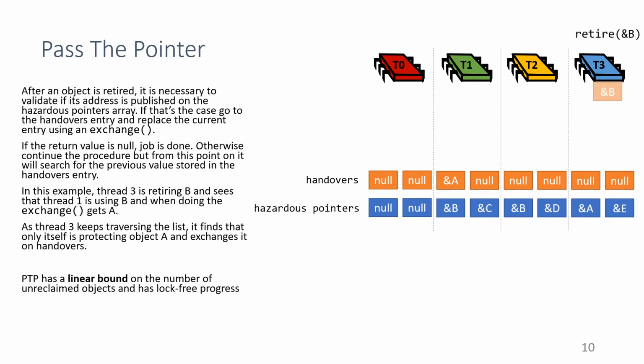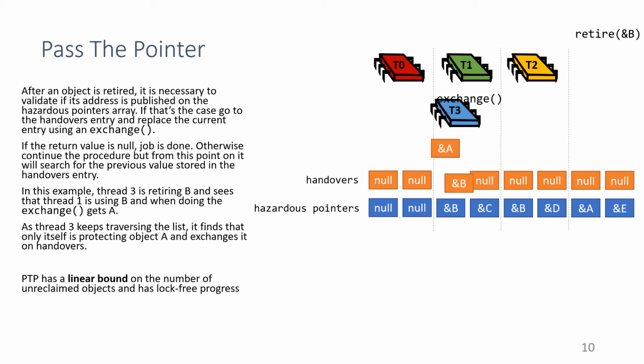In the example, we can see that thread T3 is trying to retire B. It searches on the hazardous pointers array if B is published and finds it published by thread T1. Then it will exchange B with A on the associated handovers entry. Now it has the address of A, and object A might not be published on the hazardous pointers array, and maybe it can be deleted.